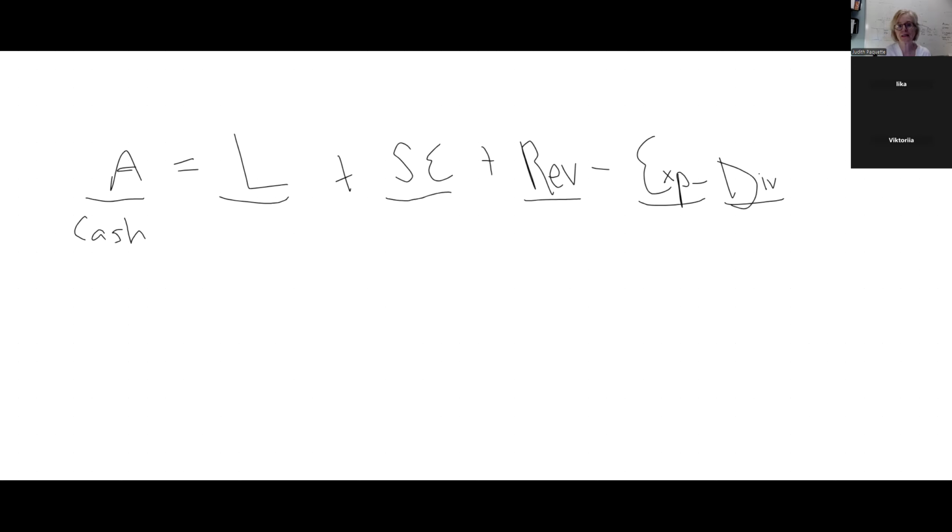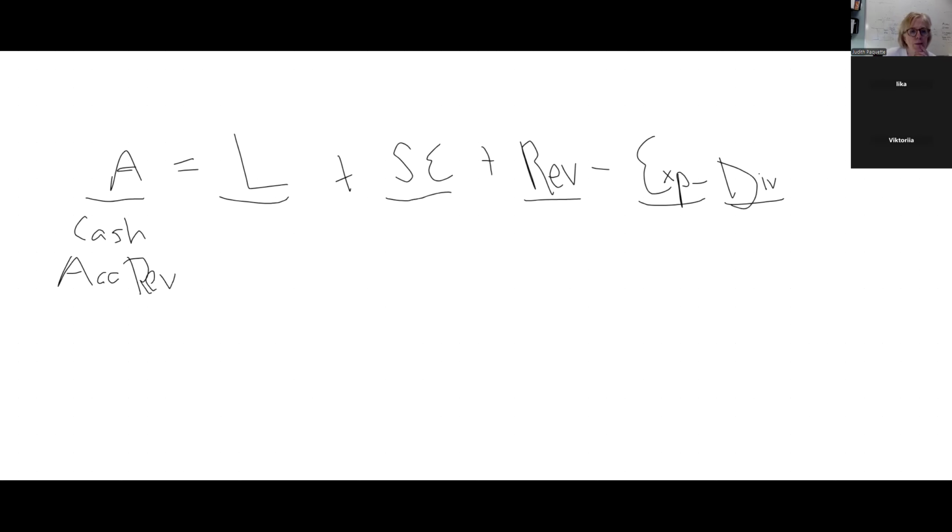Let's say I make a sale for cash. What do I debit? What do I credit? Another very common asset account is accounts receivable.